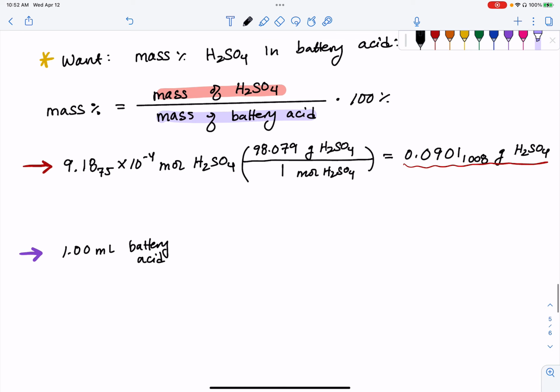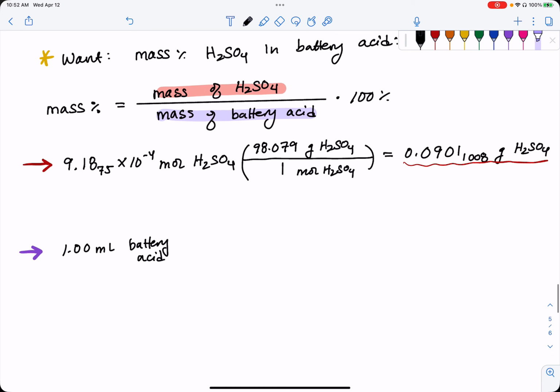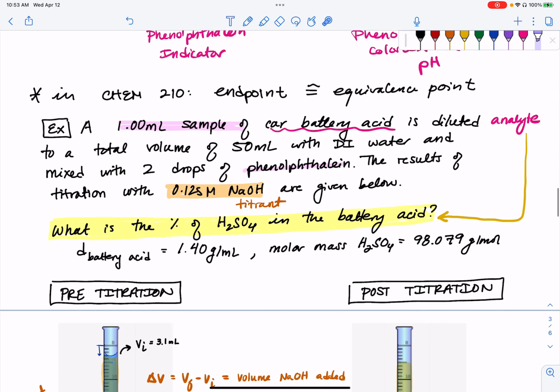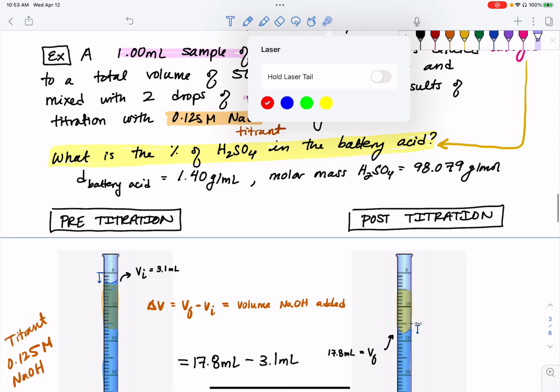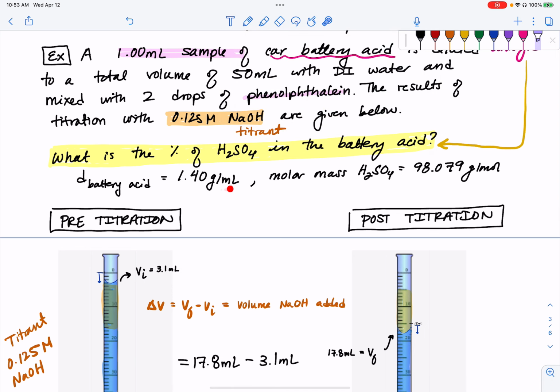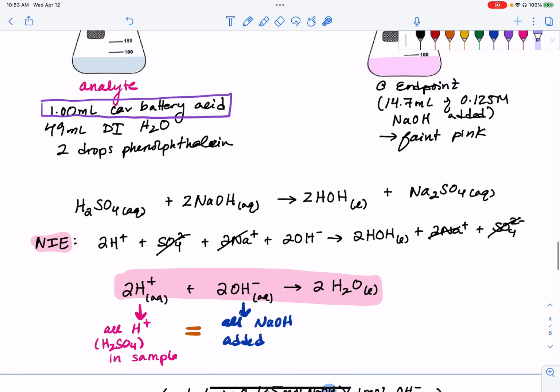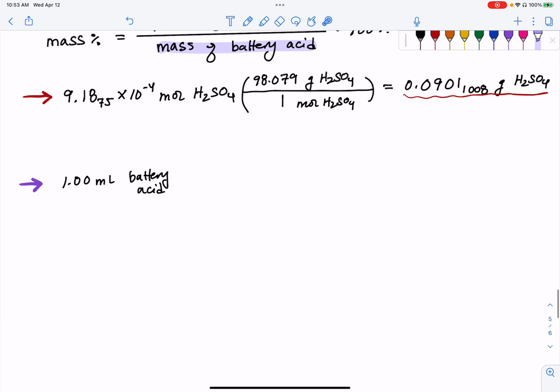Now, I do not want a volume of battery acid. I am trying to solve for a mass of battery acid. So let's go back up to the problem. Aha, notice I was given the density of battery acid, which is 1.4 grams per mil.